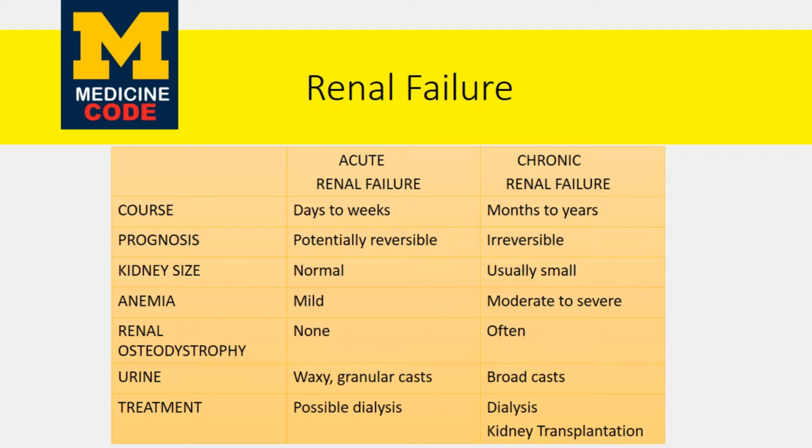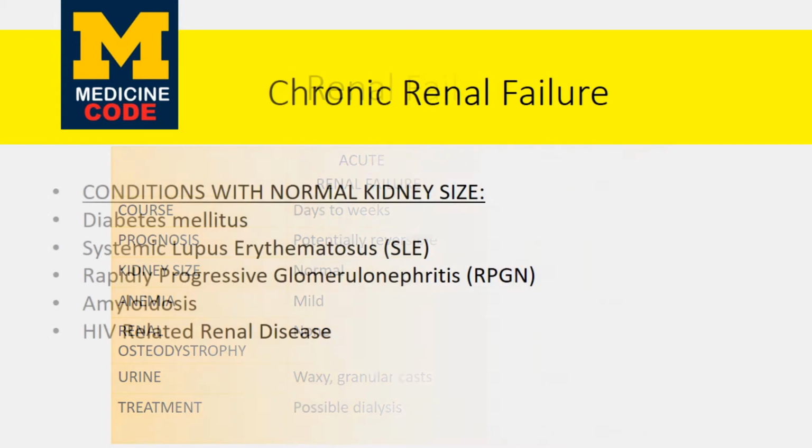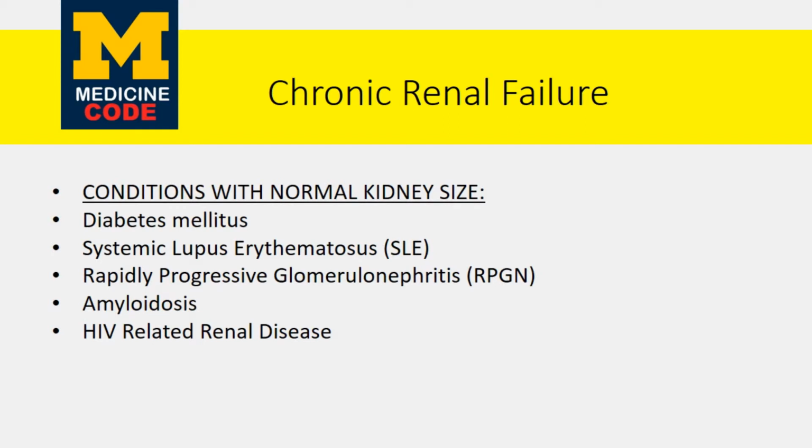While dialysis is a possible treatment for acute kidney injury, in chronic kidney disease dialysis and kidney transplant are the definitive treatment. There are several conditions with normal kidney size, such as diabetes mellitus, lupus, progressive glomerulonephritis, amyloidosis, and HIV-related renal disease.